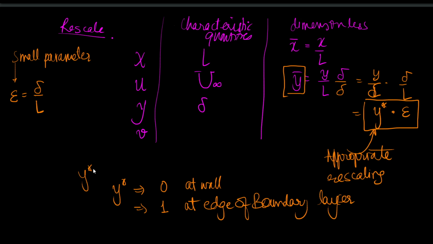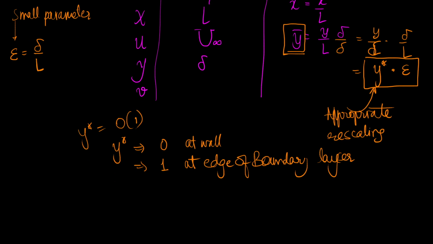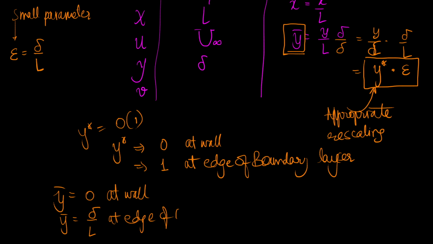So y star is always order 1. Whereas if we had kept everything in terms of y bar, it would have varied from 0 at the wall to delta upon L at the edge of the boundary layer, and delta by L is quite small. So y bar would not have been an order 1 variable. It would have been an order epsilon variable.